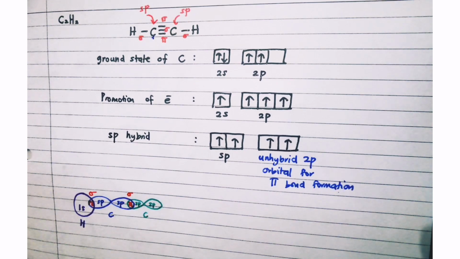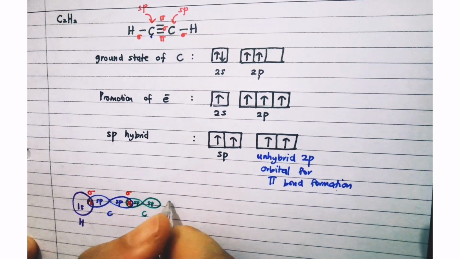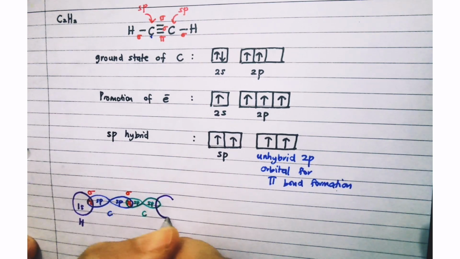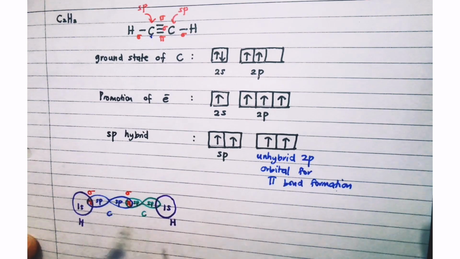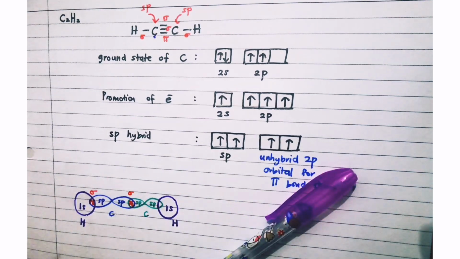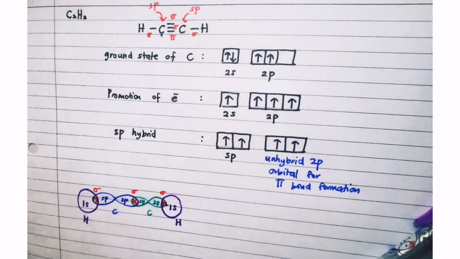And now for the second hydrogen, the CH sigma bond, we draw it the same way: sp of this carbon overlaps end to end with the 1s orbital of hydrogen, and the electron is at the overlap here. So now we have settled the 3 sigma bonds in this molecule.